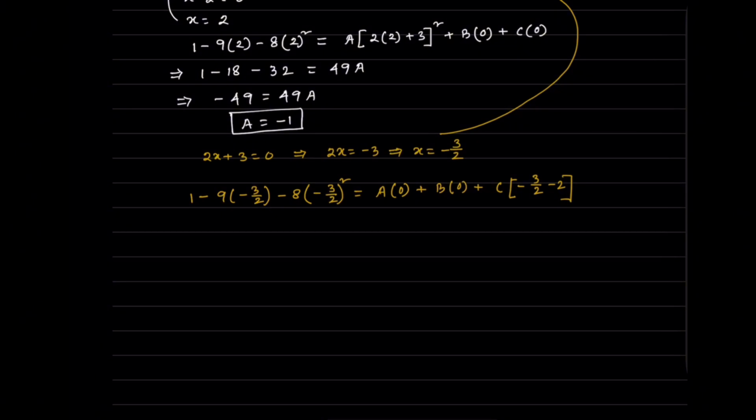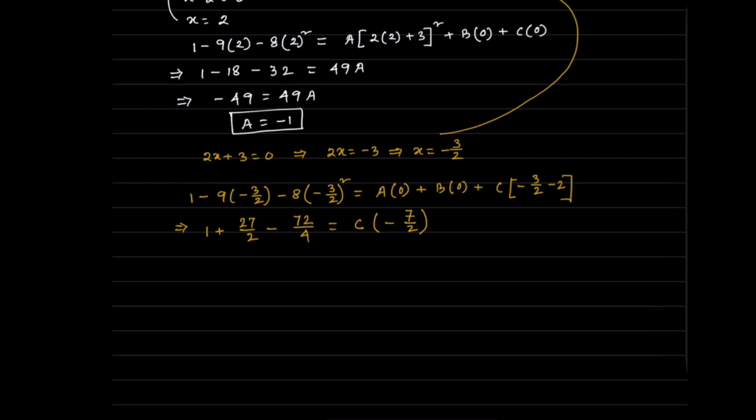From here we can easily calculate that on the left we get 1 plus 27 by 2, then 9 by 4, so minus 72 by 4 equals, a and b will be 0, so c into minus 7 by 2.